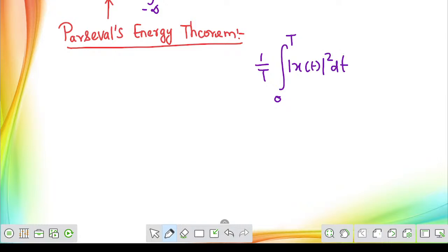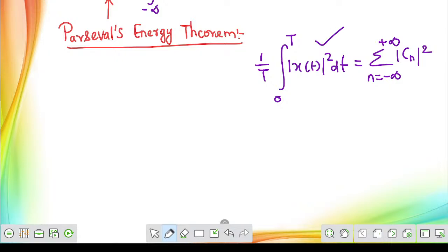This is the formula to find the energy, or rather the power. So the formula is 1 by T integral from 0 to T of x of t whole square dt, and that equals the summation from n equal to minus infinity to plus infinity of mod of Cn whole square. This is the formula for Parseval's theorem in Fourier series.